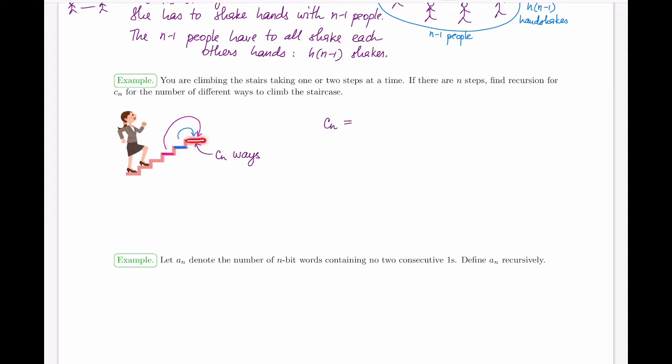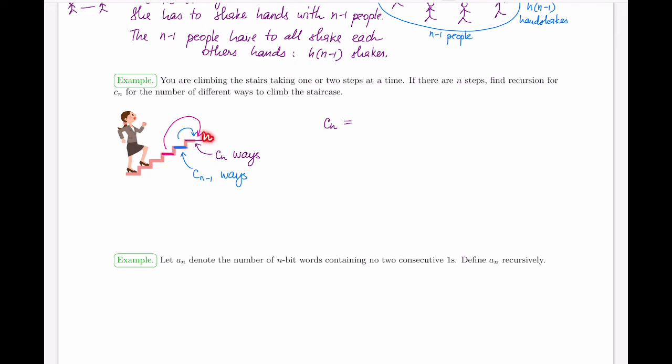Now, if there are n stairs in total, then this stair is the n minus first stair. And there are c sub n ways to get to stair number n, which means that there are c sub n minus 1 ways to land, starting from the bottom, on this particular stair.